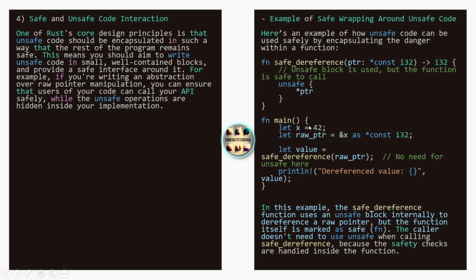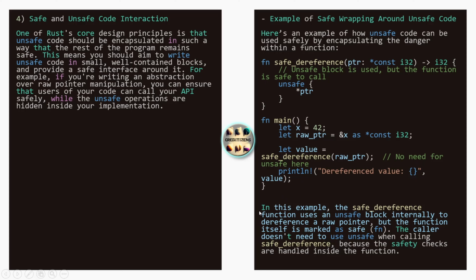The function takes this raw pointer, which has the right type, *const i32. We have cast it here, and there's no need for unsafe here because it's handled inside the function. And after, we print the value we get.